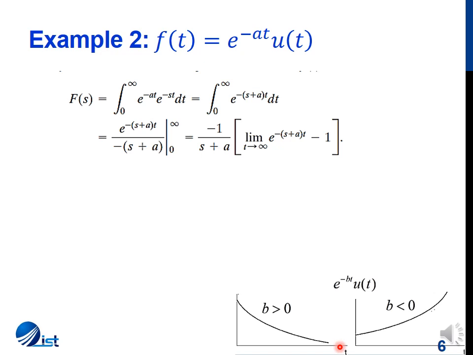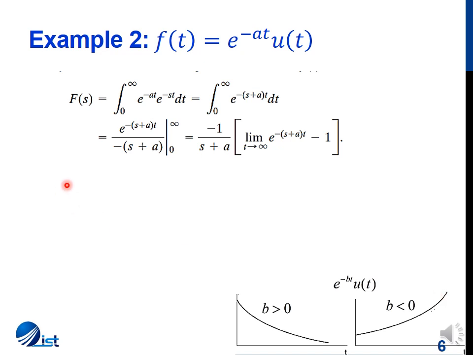However, if the power is negative, which means that the overall power of the exponential is positive, then it's a rising exponential, and the value increases to infinity as time approaches infinity.